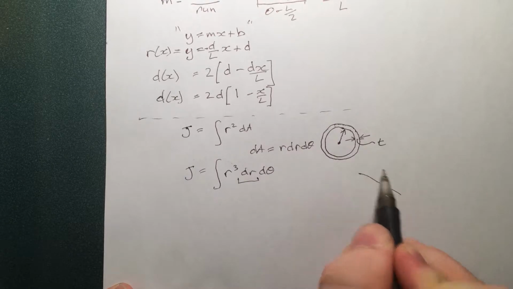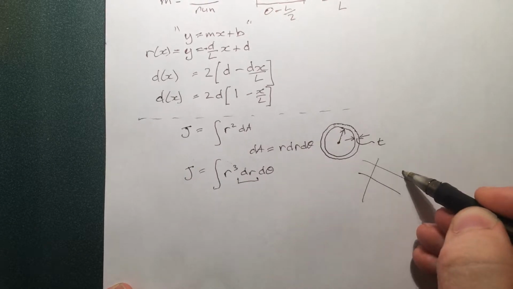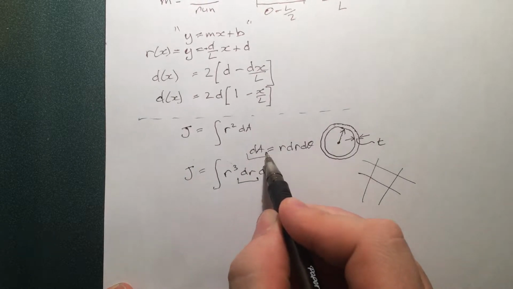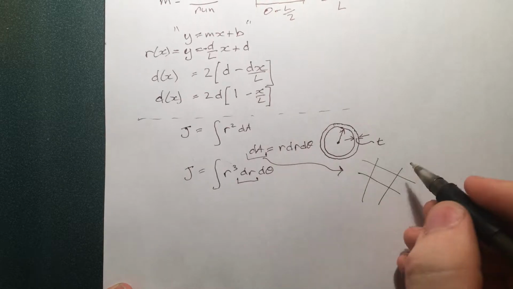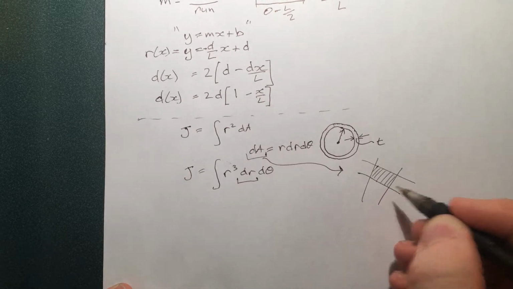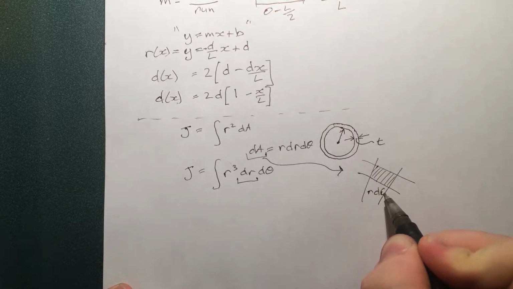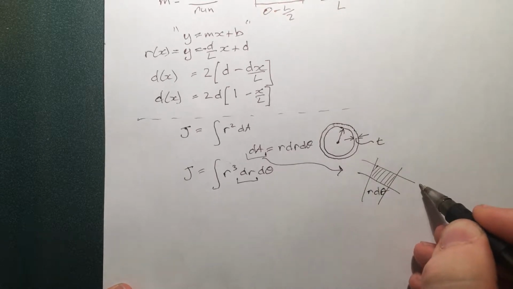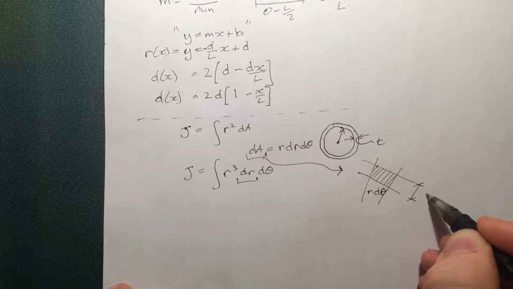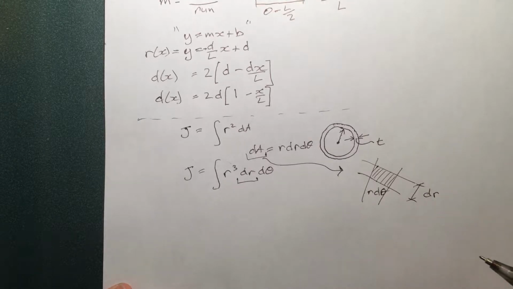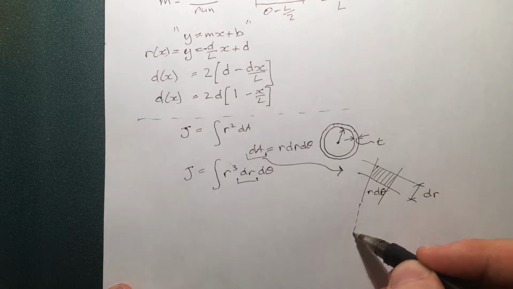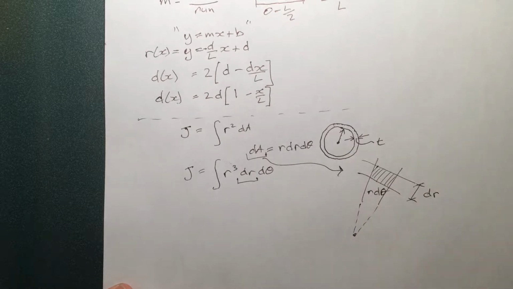Because if you imagine what this actually looks like, this little dA here is this area here, all right? And this side length here is r d theta, sorry, and this side length here is dr, where this goes back to the center of the circle here.